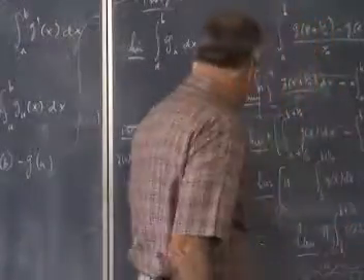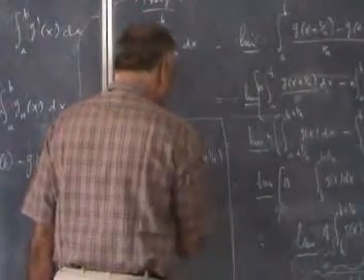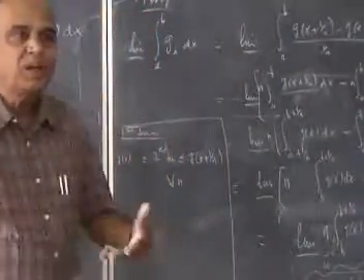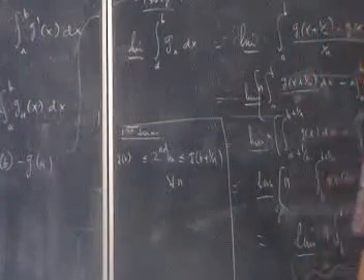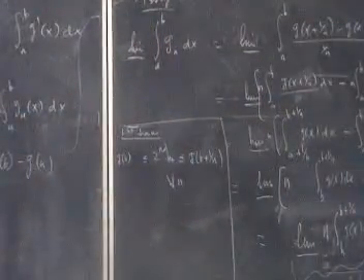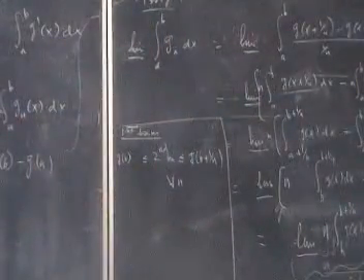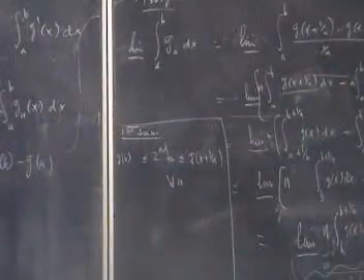So this integral lies between these two, and from that you conclude that the limit is indeed equal to G(B). Greater than or equal to that, as n keeps coming down, we conclude this. So therefore we are done.